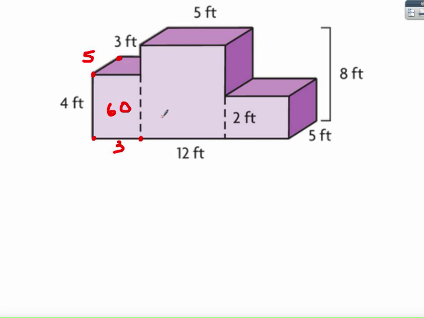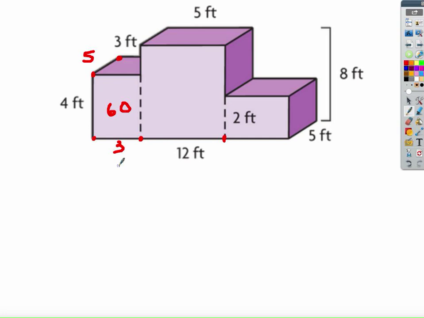Okay, this middle one always trips people up because they think the length, which is from there to there, I'll switch colors here so it's easier to see, from this blue dot to this blue dot, is 12 feet. It's not. That's the whole way across. So if I look up, I can see that 5 feet is the length of this one. So we'll put a 5 there.